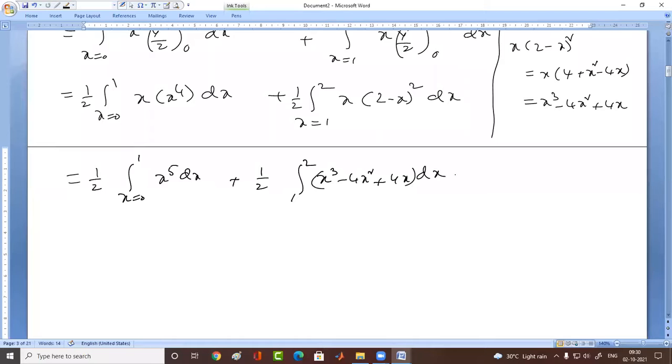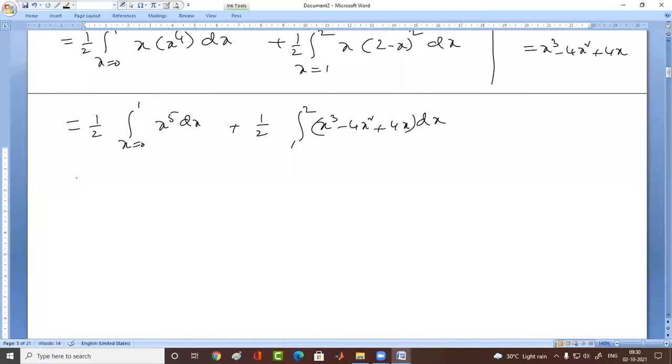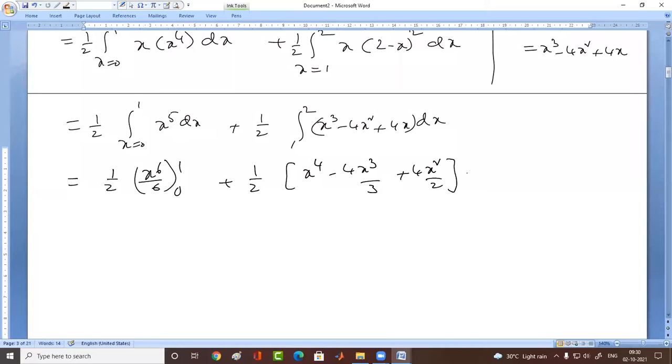Okay, now integrate and simplify. Very easy question. 1 by 2, x power 6 by 6, from 0 to 1, and also 1 by 2, x power 4 minus 4x cubed by 3 plus 4x squared by 2, from 1 to 2.